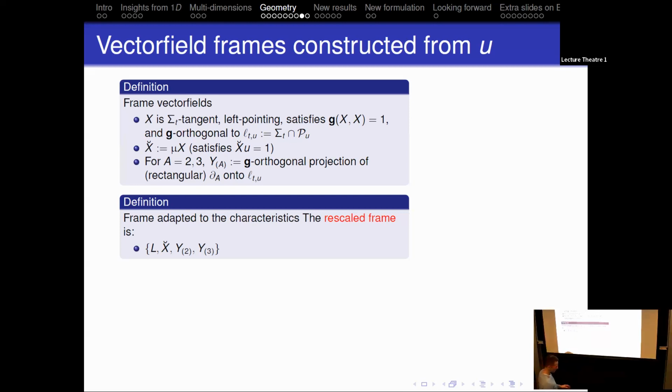And I'm not going to get into the details of the construction, but ultimately you end up with a good vector field frame called L, X-breve, and Y. And so X-breve is you take this order 1 vector field X and you multiply by mu. So of these 4 elements of the frame, this is the one vector field that's transversal to the characteristics.